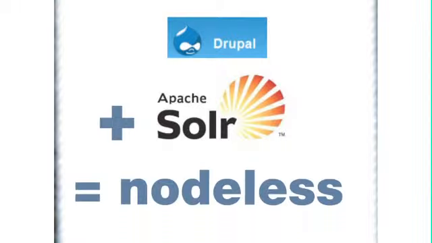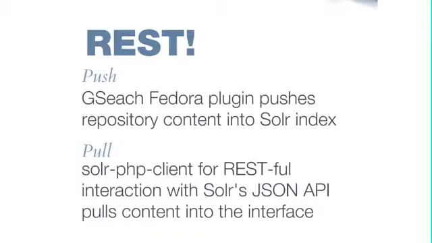So going back to that, as I said, the API for Fedora is also good but limited. And we needed something else. First of all, I should say that almost all Fedora repositories have some sort of Solr interface. They're all pretty much integrated these days with Solr, or if not Solr, at least Lucene. But we needed something else in addition to what Fedora gave us in order to make a useful, nodeless interface.